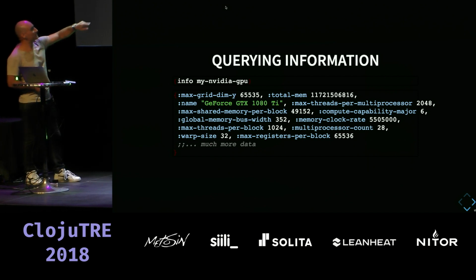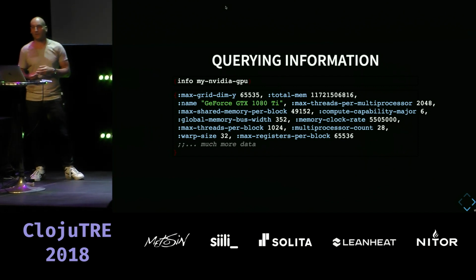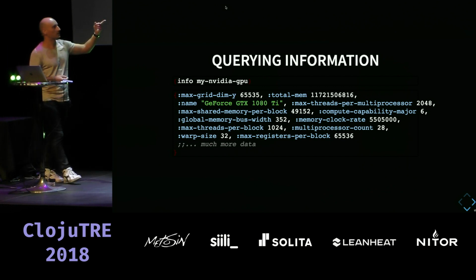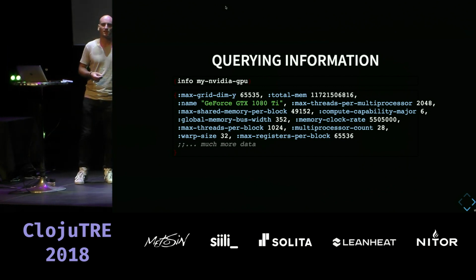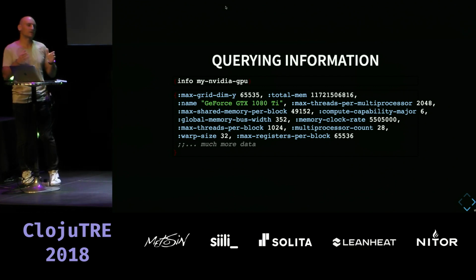But the important thing is that my GPU has 28 physical cores. Each core can run 1024 parallel threads. It has 11 gigabytes of RAM and supports compute capability 6, which is basically something like a CUDA language version.